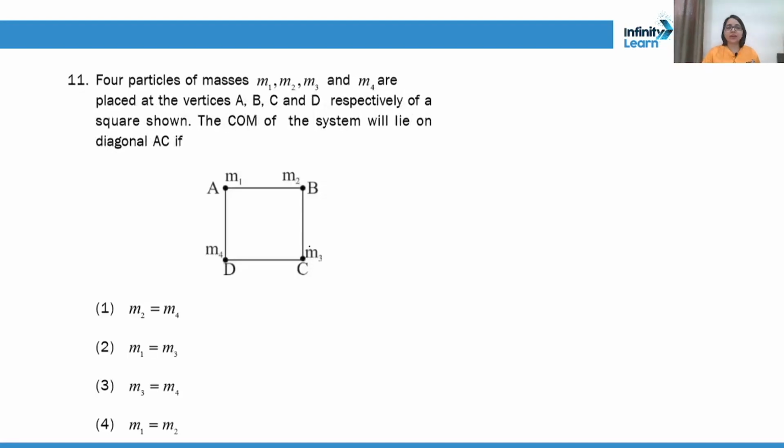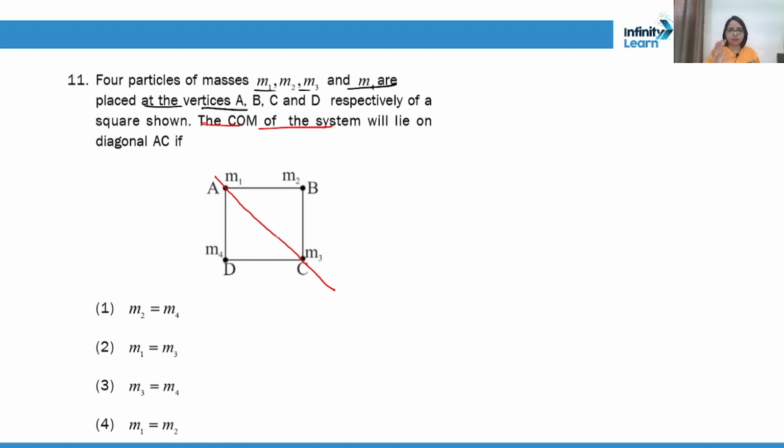Question number 11. Four particles of masses m1, m2, m3 and m4 are placed at the vertices A, B, C, D respectively of a square as shown in the figure. The center of mass of the system will lie on diagonal AC if. So this is diagonal AC, and the center of mass of the system should lie on this line.